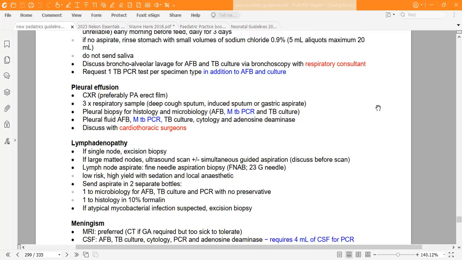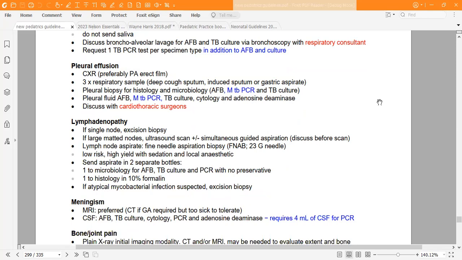Okay, if we have a pleural effusion, first of all, I will do chest X-ray, preferably PA erect film. So that's postero-anterior erect film. 3 respiratory samples: deep cough sputum, induced sputum or gastric aspirate; pleural biopsy for histology and microbiology, AFB, MTB PCR and TB culture.